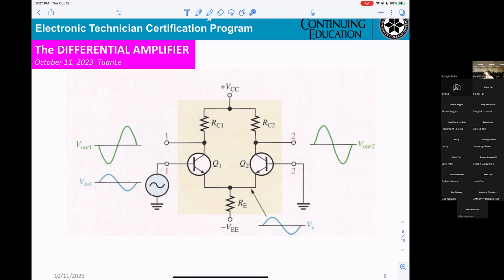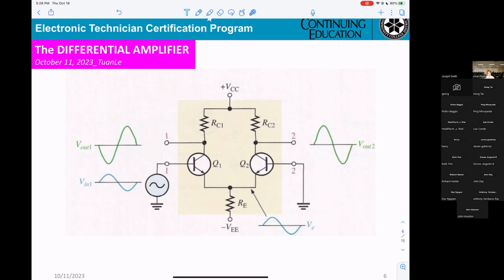And Q2 will be a common base and the output will be in phase with the input. The only thing, make sure you know, is that you get the signal sideways here, at the emitter here also.